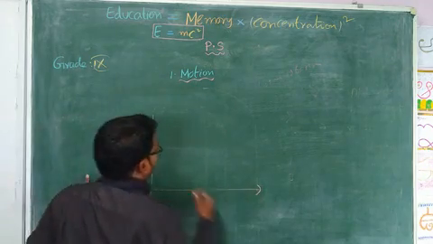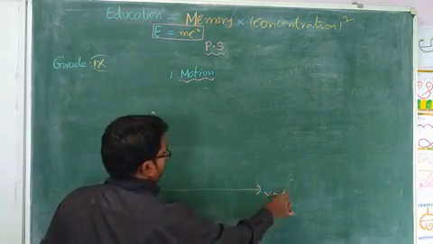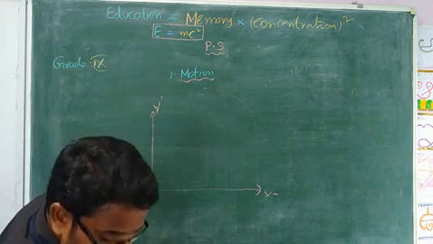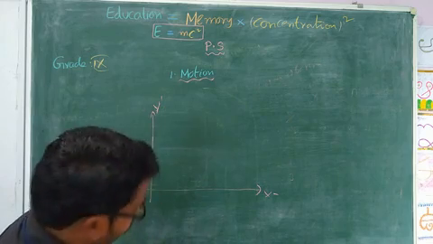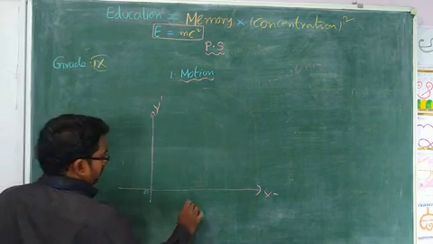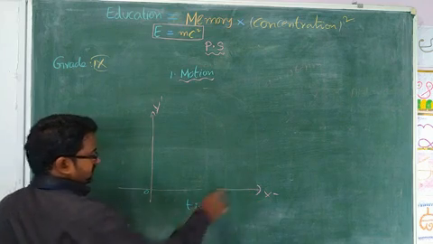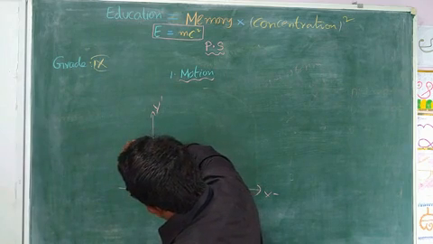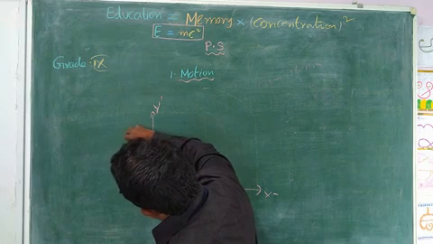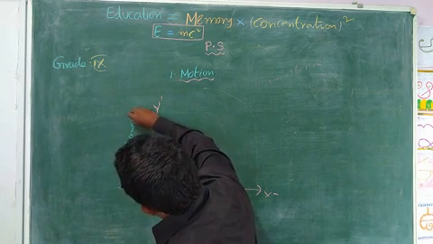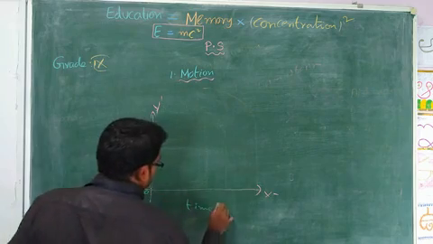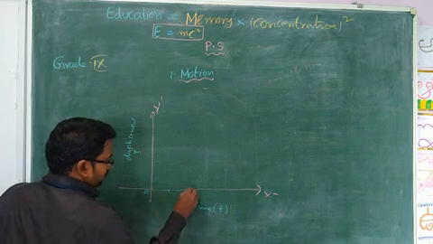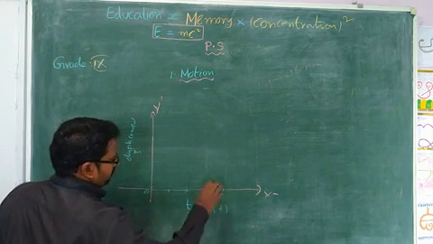How it is going to be identified with the help of x and y axis. For example, here I am going to take time on the x-axis, and on the y-axis I am going to consider displacement. Maybe 1 second, 2 seconds, 3 seconds, 4 seconds.